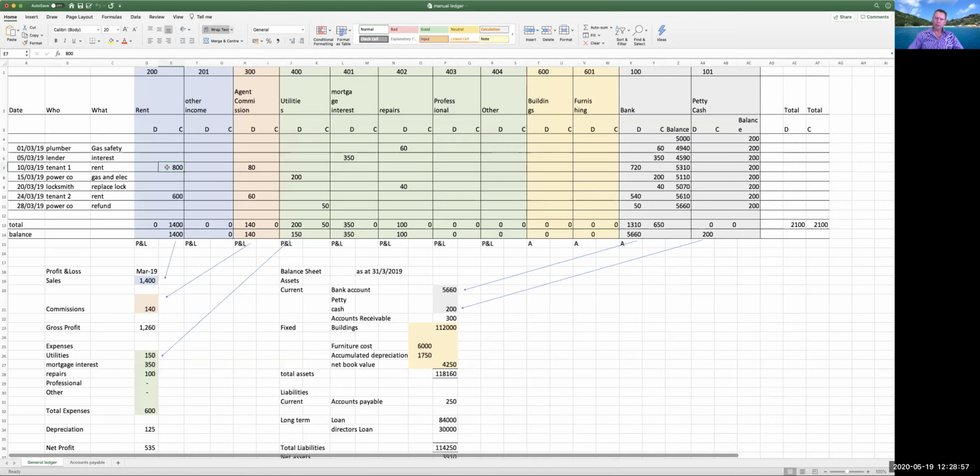But of course, you've got this agreement with the agent that takes 10% of the rent. You know that the rent the tenant paid was £800, and therefore it's very important that you put £800 in there on the credit side, and we have £80 on the debit side of the agent commission, and £720 on the debit side of the bank.